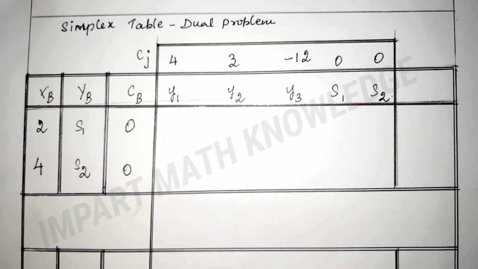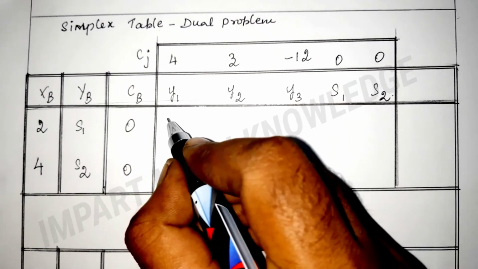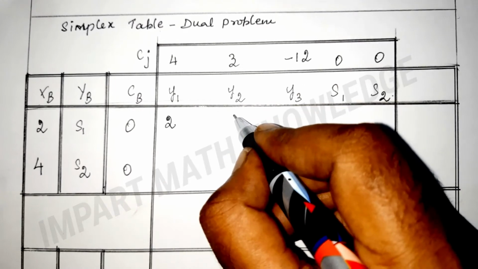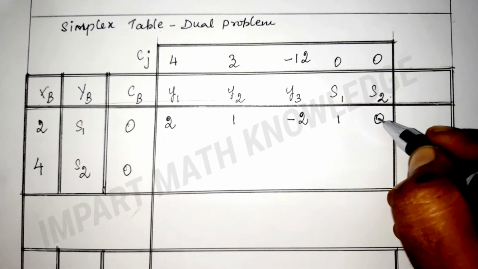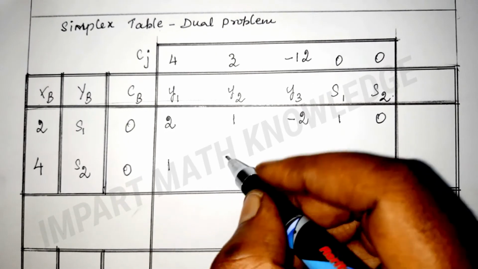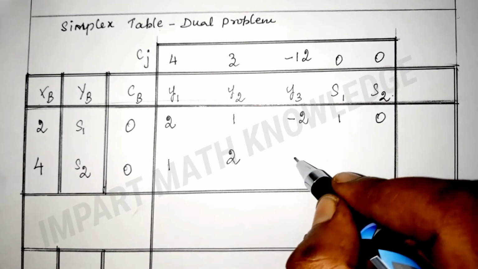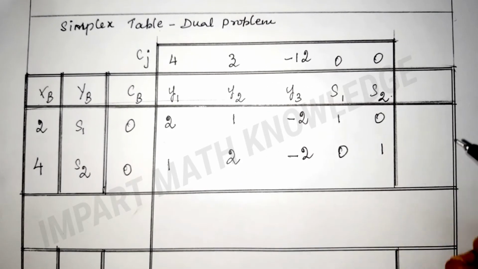For the first condition, the coefficients are 2, 1, minus 2, 1, 0. For the second condition, the coefficients are 1, 2, minus 2, 0, 1.